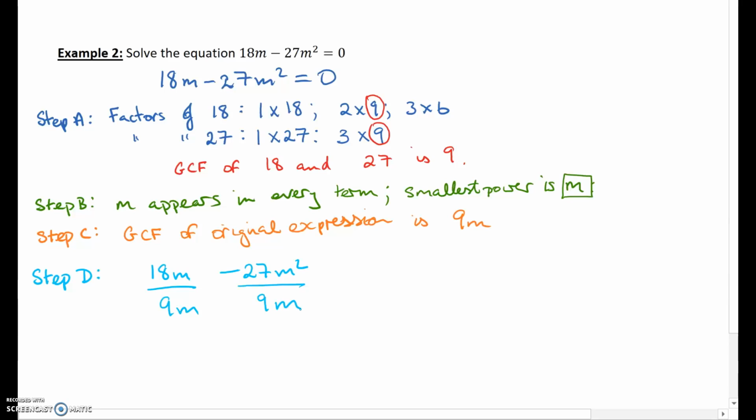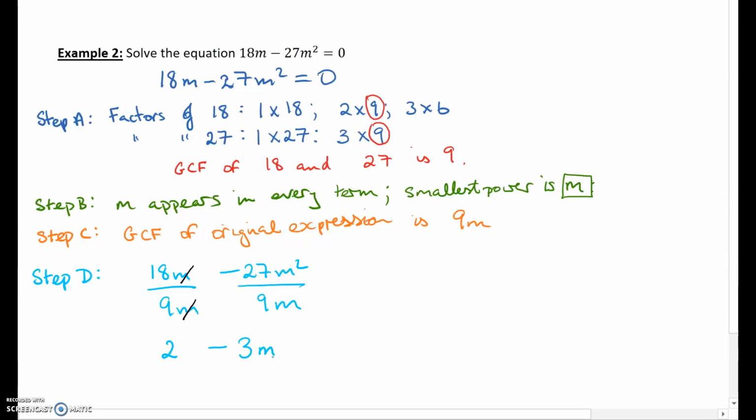If we do that, 18 divided by 9 is 2, and the m's will cancel. So that's just 2, and then we have a minus. 27 divided by 9 is 3, and m squared divided by m, remember, for the letters we subtract the powers, so 2 take away 1 is just 1, so m to the power of 1, or just m.